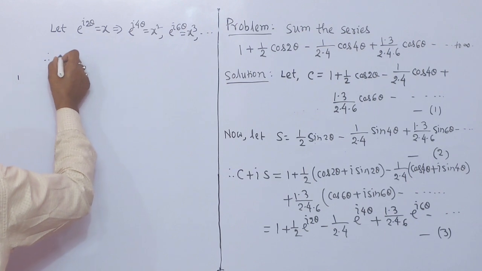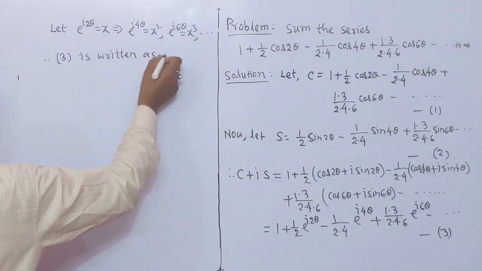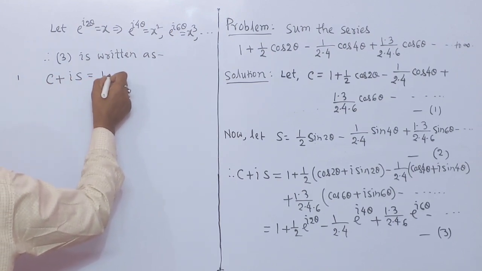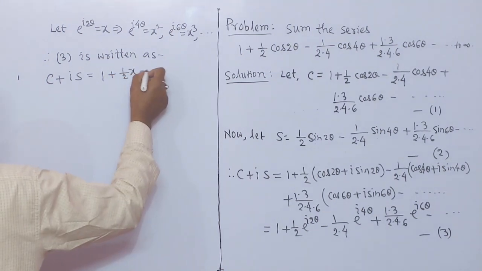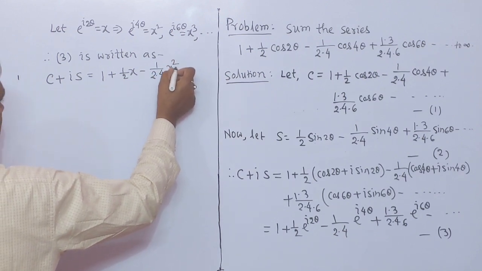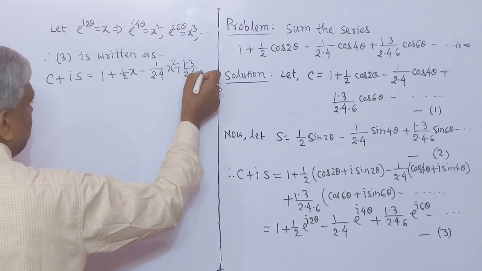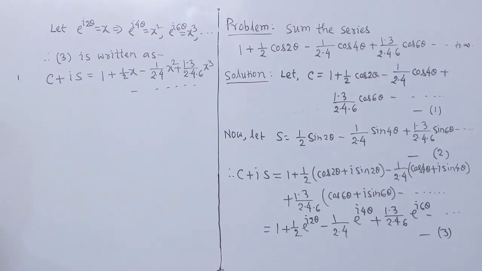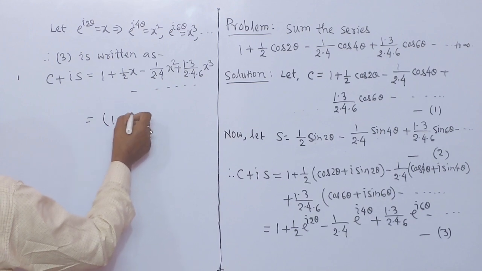Therefore the series is written as C plus iS equal to 1 plus half x minus 1 by 2 multiply 4 x square plus 1 by 3 by 2 multiply 4 multiply 6 x cube minus dot dot dot, and this is equal to 1 plus x to the power half.